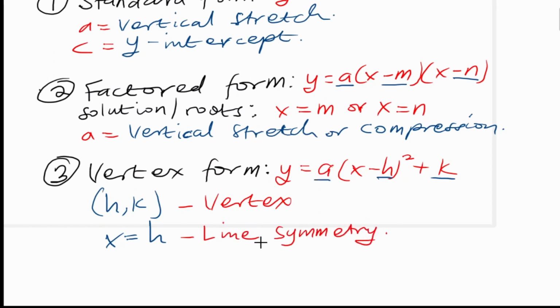Again, a is the vertical stretch, just as in the previous two, and for each of them the graph is reflected when a is negative, meaning the parabola faces downwards when a is negative.